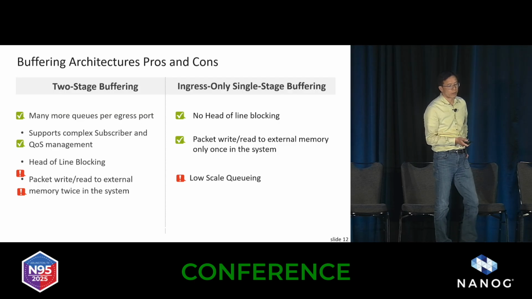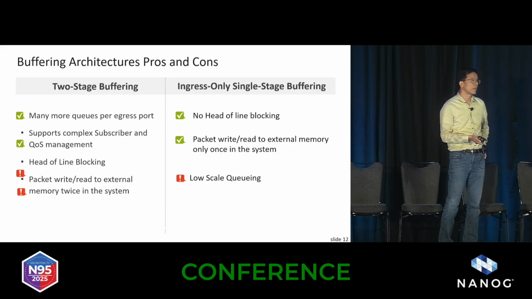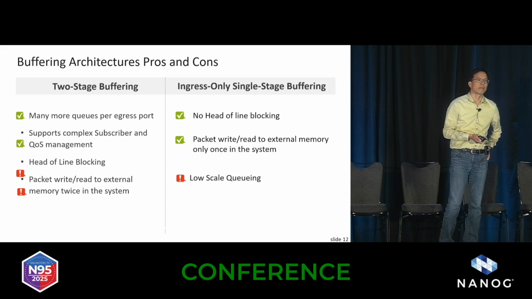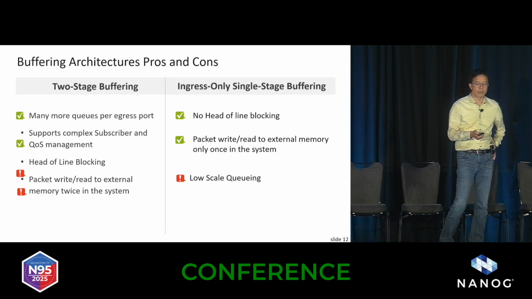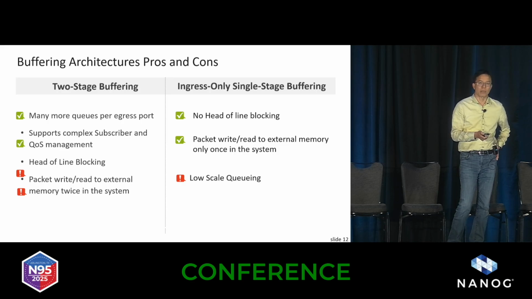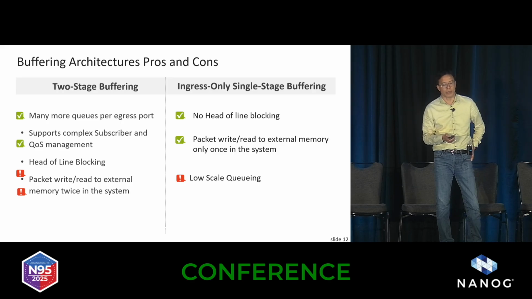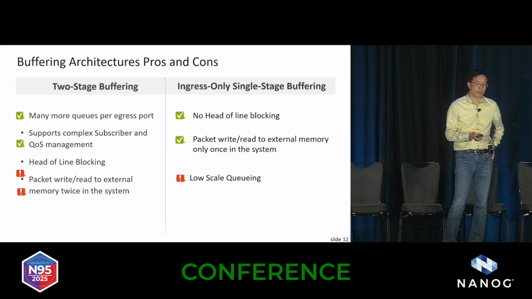So there's a potential head-of-line blocking, and packets need to read-write external memory twice, because they will be written on the ingress side and rewritten again on the egress side. On ingress-only single-stage buffer, there's no head-of-line blocking, and packets are read to external memory only once in the system. And usually the drawback is lower scaling queue numbers.